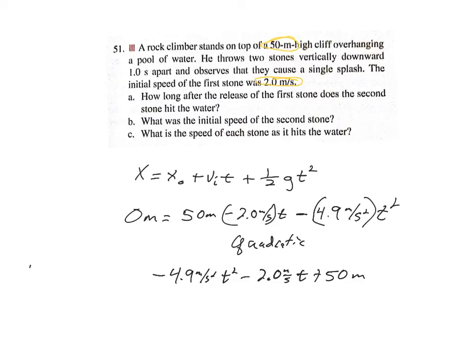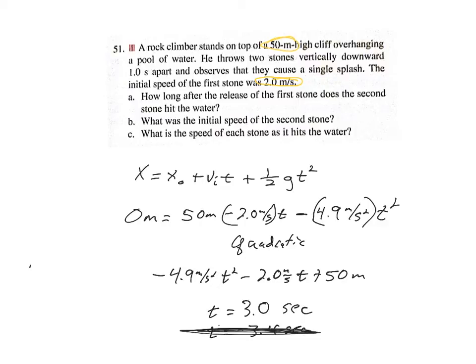When I put that in, I get t equals 3.0299 something seconds, which seems reasonable, and t equals negative 3.4 seconds, which is not reasonable.